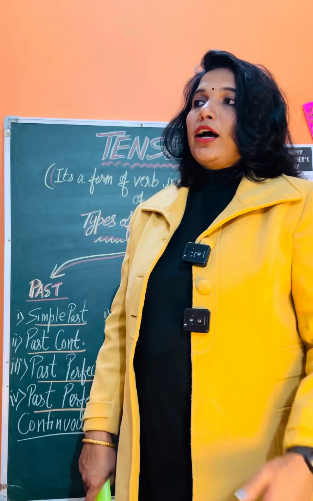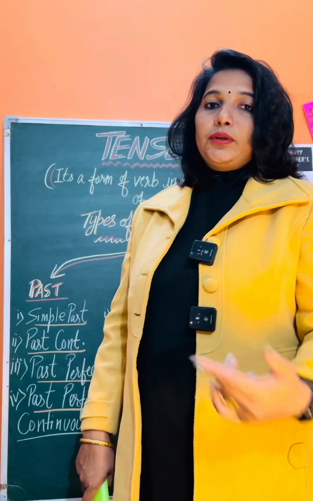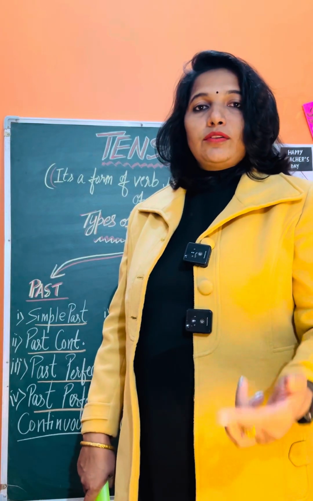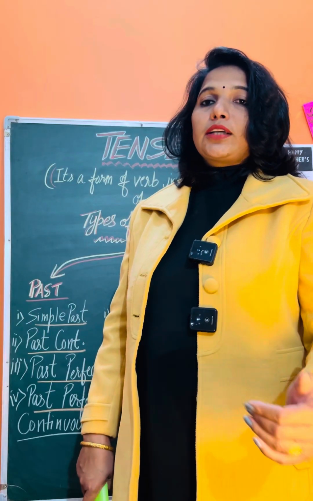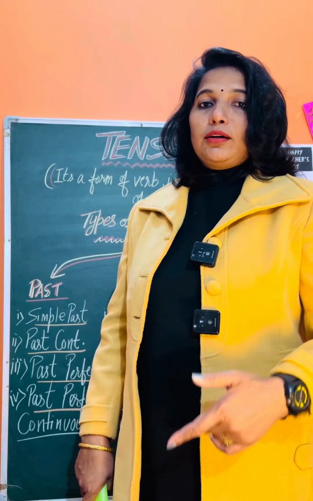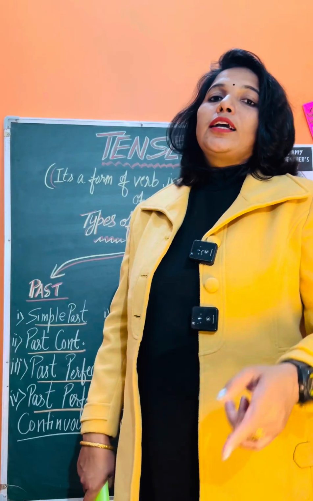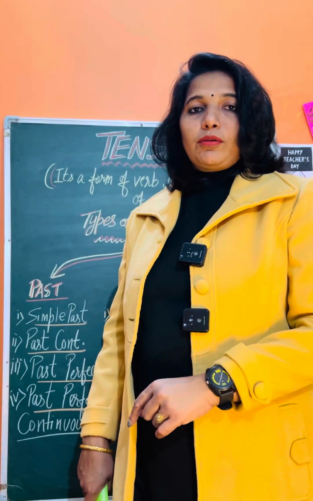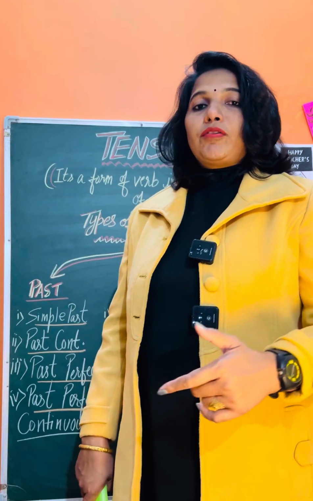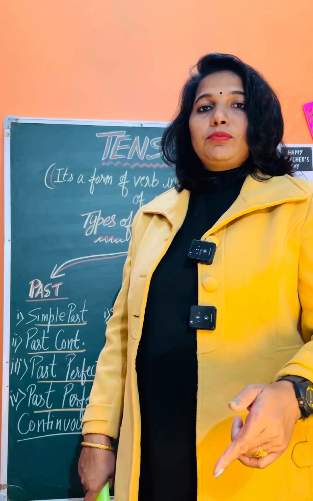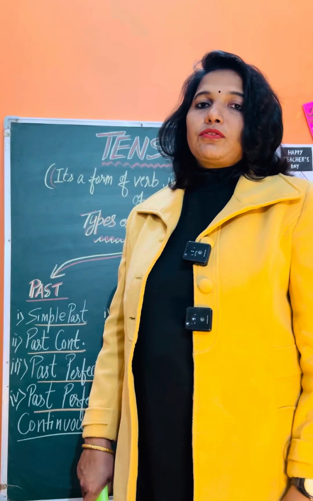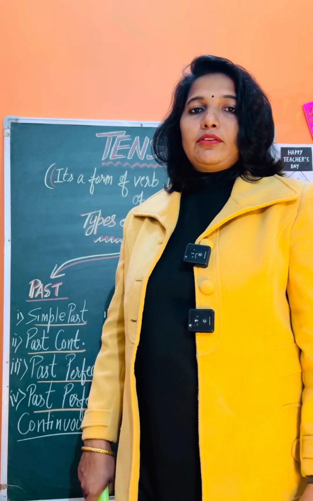Okay. So have or has plus been plus verb's ing form. The formation should be very clear in your mind, because ing form is also used in present continuous, but there am, is, are plus verb's ing form is there. Here in present perfect continuous, have been, has been plus the first form of verb plus ing will be there, right?